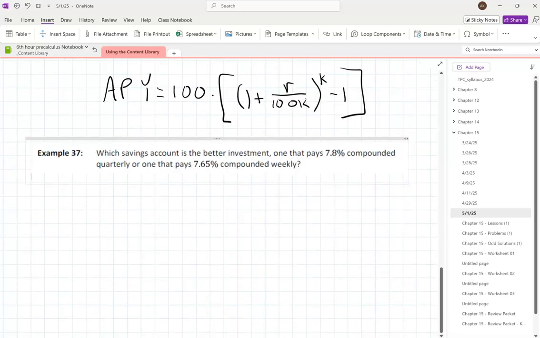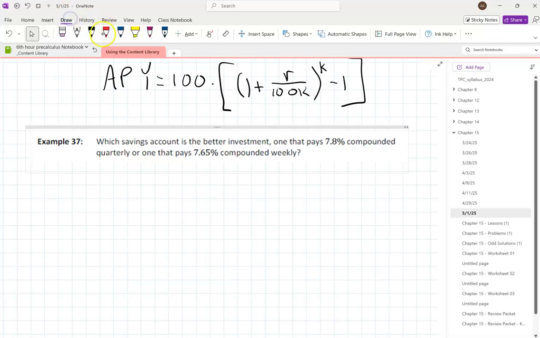So here we're asked which savings account would be the better investment. One that pays 7.8% interest compounded quarterly, or one that pays 7.65% compounded weekly.